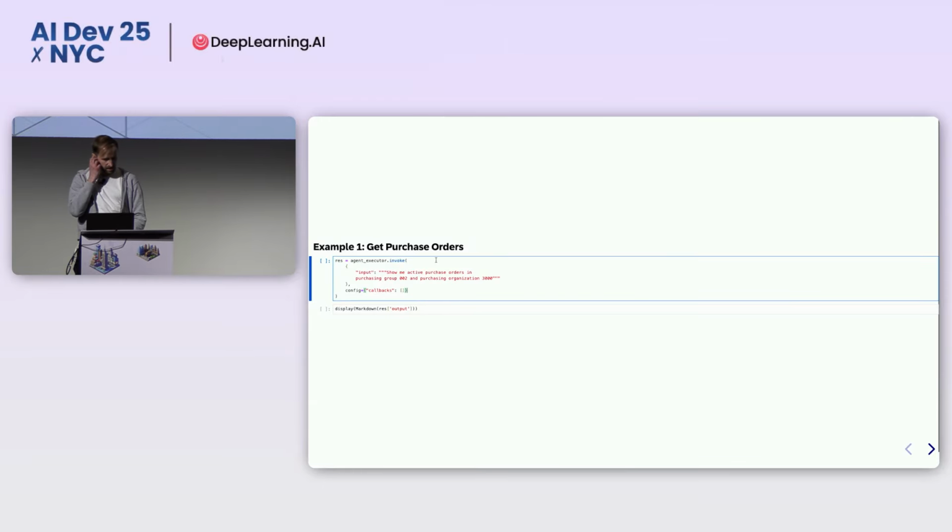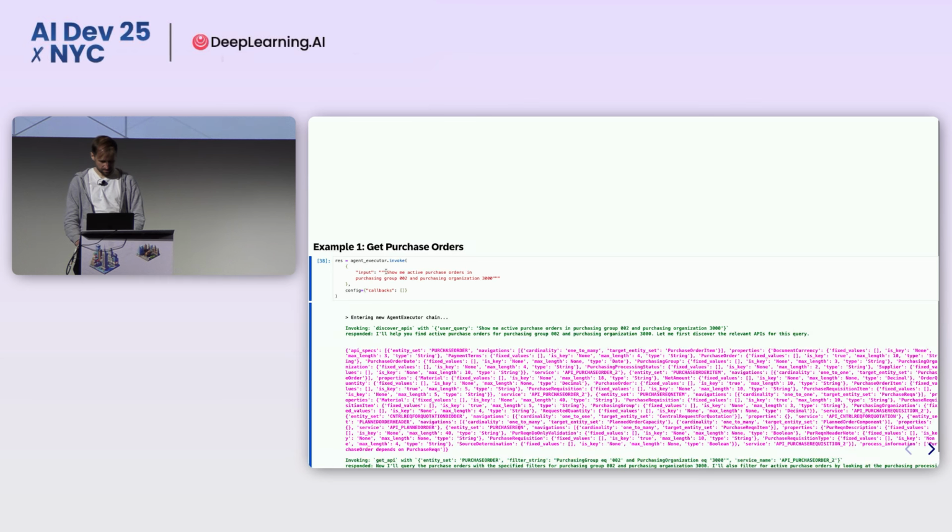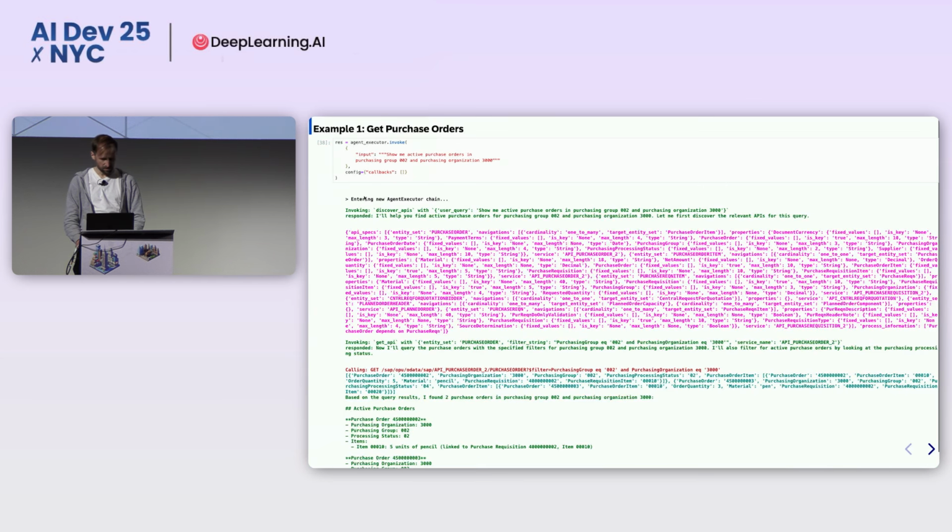So now we can run our agent on a query where the user asks, show me active purchase orders in a certain purchasing group and purchasing organization. Okay, let's run this. What the agent does, it first calls the Discover API tool. That's good.